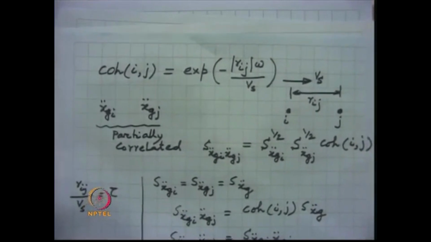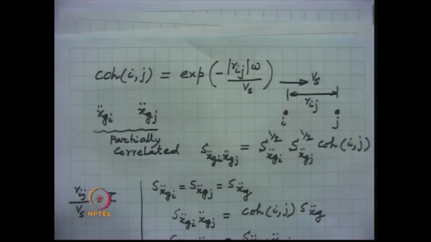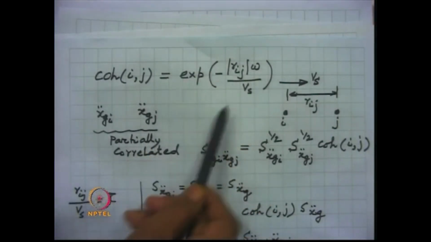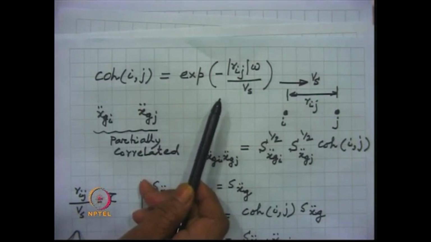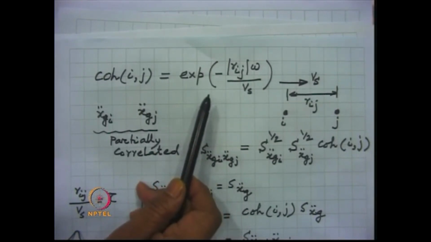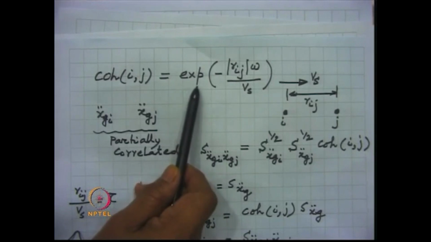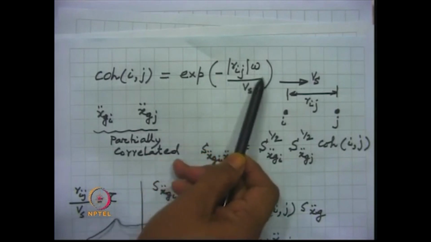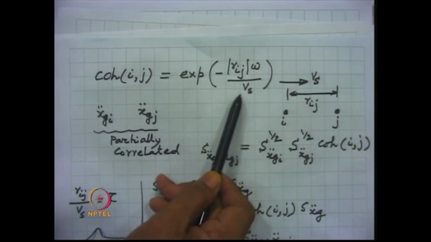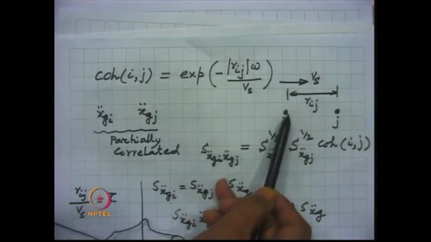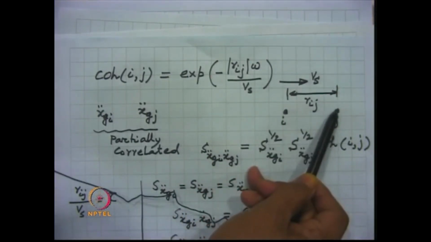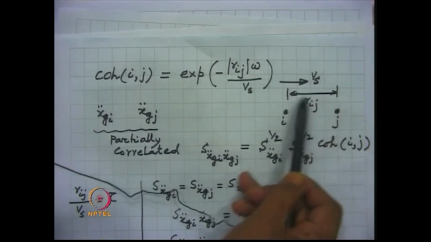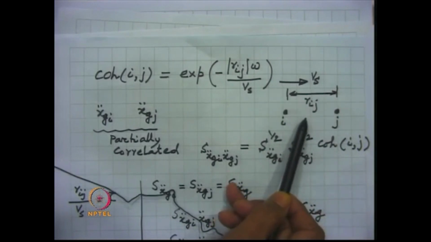In the seismic input, if you recall, we discussed a coherence function, and one of the empirical equations for the coherence function, which is a very simple one, is this: exponential of minus the absolute value of Rij into omega divided by Vs, where Rij is the distance between points i and j, that is, at these 2 points we have excitations, and the distance between them is Rij.